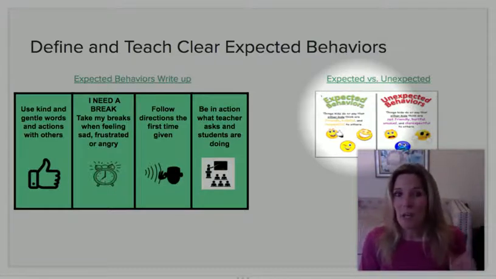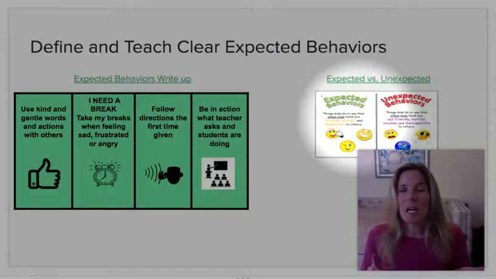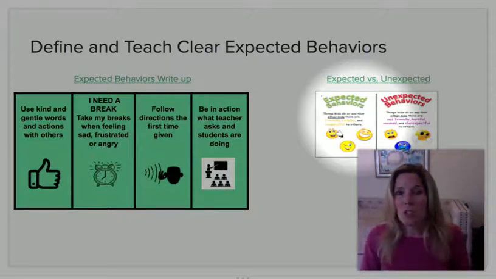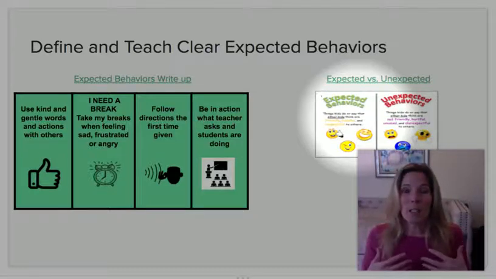And remember, expected behavior versus unexpected behavior, the language is important because it's not about right or wrong, good or bad, inappropriate to appropriate. It's about in certain situations, I have expected and unexpected behaviors. Just like when I'm in a classroom, in a fifth grade classroom, I'm a student in the classroom.